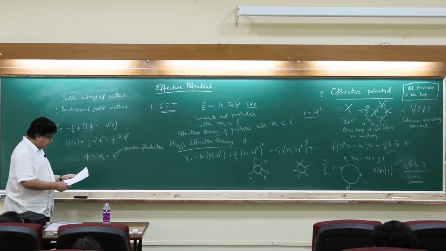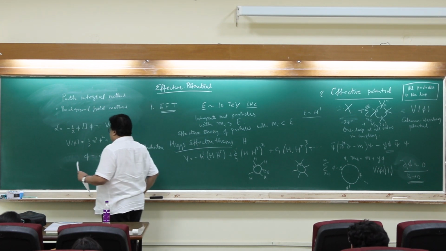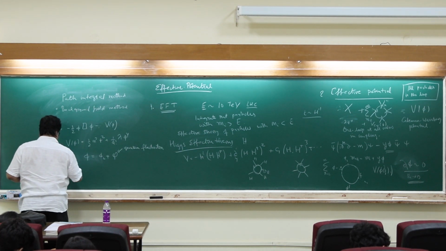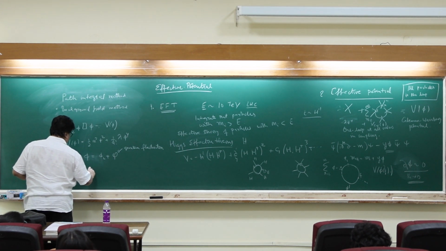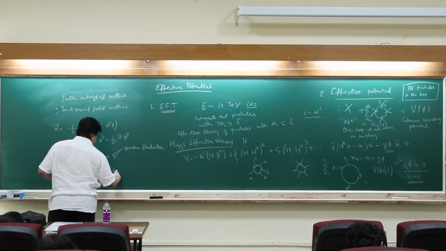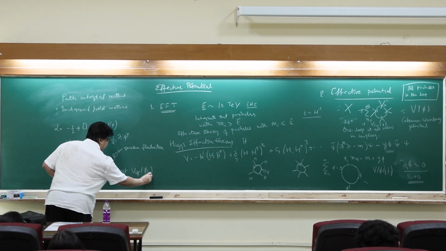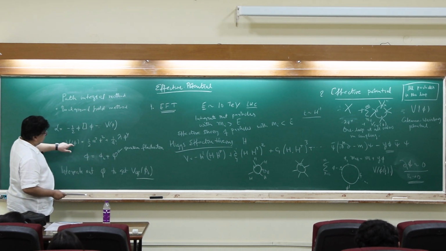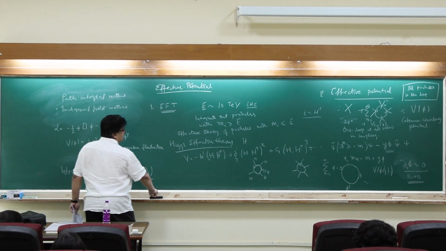Okay. So what I will do now is integrate out to get the effective V phi b, which will be different from the original.